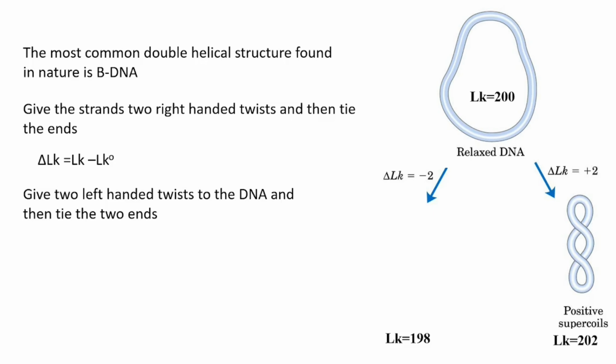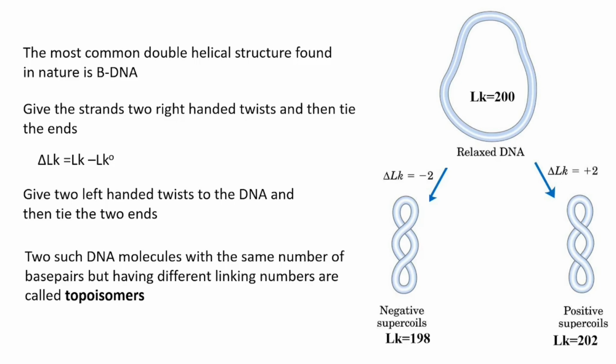Such a DNA is said to be negatively supercoiled. Underwound state occurs when the DNA has fewer helical turns than the normal B form of DNA. Two such DNA molecules with the same number of base pairs but having different linking numbers are called topoisomers.